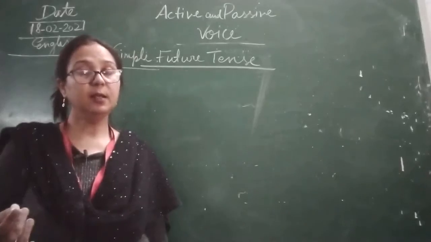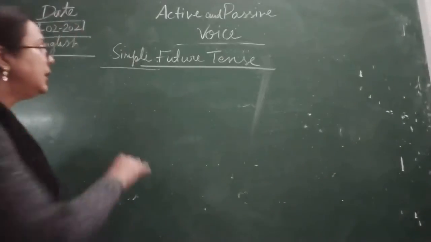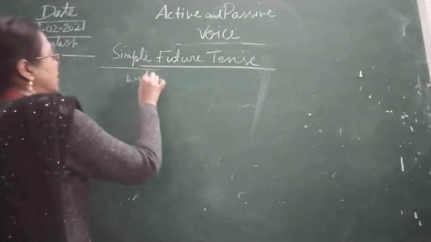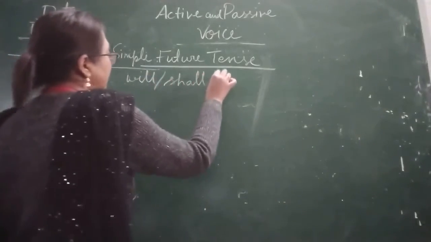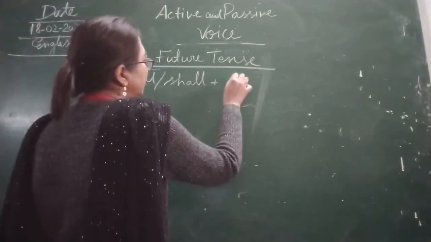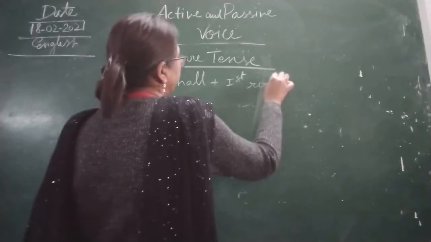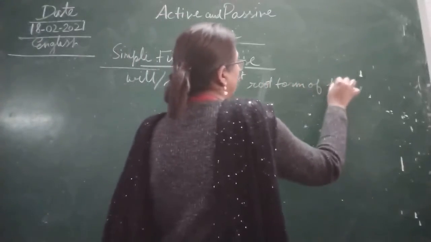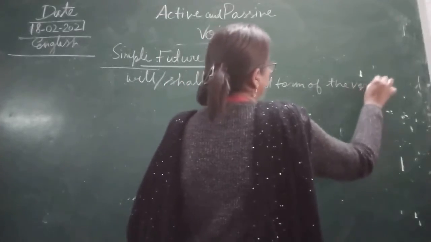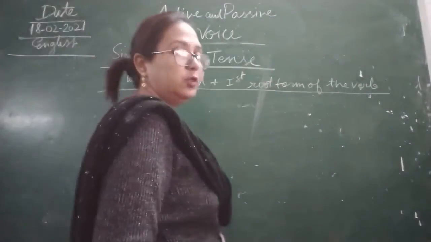Will and shall, and the first form of the verb, or you can say the root form of the verb, children.